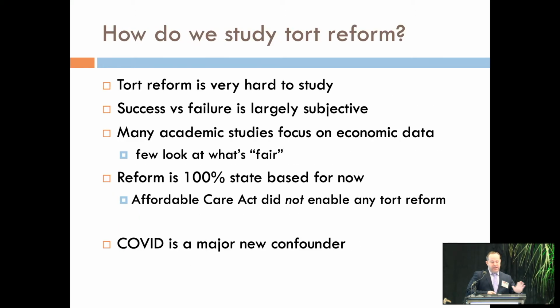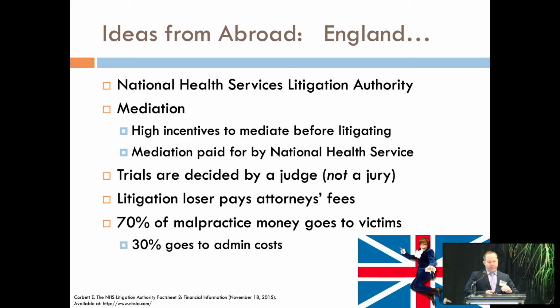I'm going to skip past this one to talk about England. They have a better system, I'd argue, about how to deal with medical malpractice and injured parties. They really push people into mediation. They have trials that are decided by a judge, not a jury. Usually, medical malpractice trials that are decided by a judge probably come up with a more fair result.